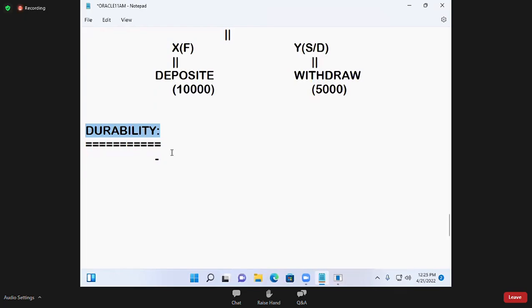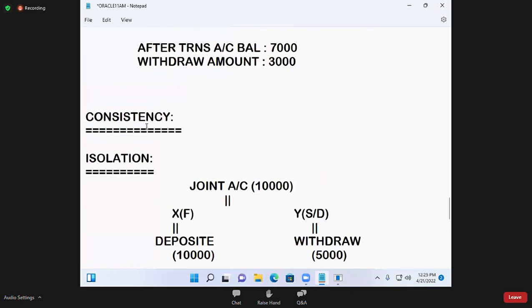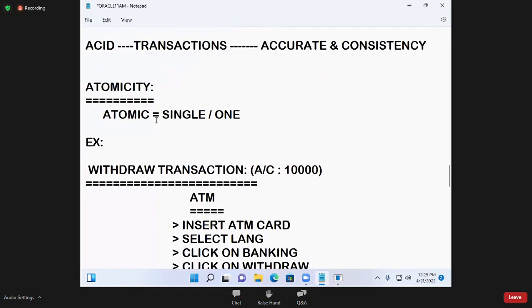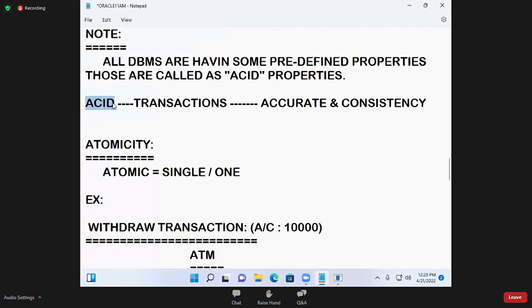So these are durability, isolation, consistency, and atomicity. With the help of these properties only, databases nowadays maintain the accuracy and consistency of your data. Why is my account balance showing accurately? Why are my transactions accurate? Because of the ACID properties managed internally.